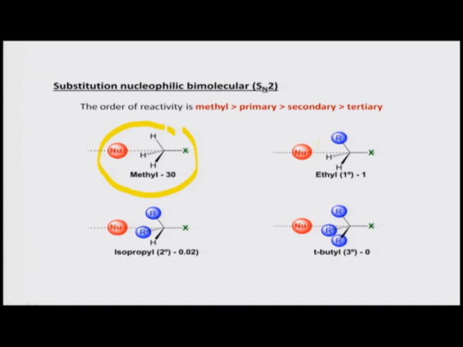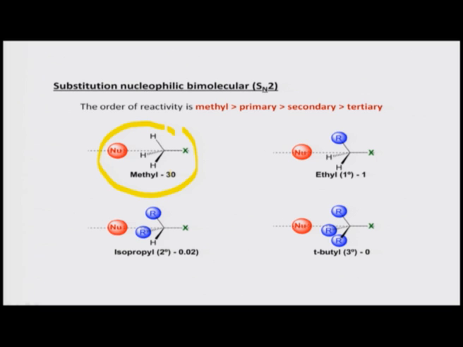So the repulsion between the nucleophile and the alkyl group, the steric crowd that the nucleophile starts to feel, is quite higher. Therefore the nucleophile will not be able to reach closely enough onto the carbon atom to form this bond very effectively. As a result, this reaction is slower, and once I have an isopropyl group, there are 2 alkyl groups, so the reaction is even slower, and if I have a tertiary butyl group, there are 3 alkyl groups, so the nucleophile cannot even approach the carbon atom.